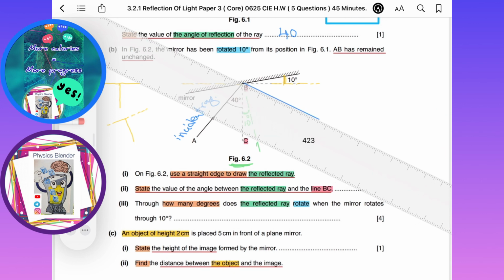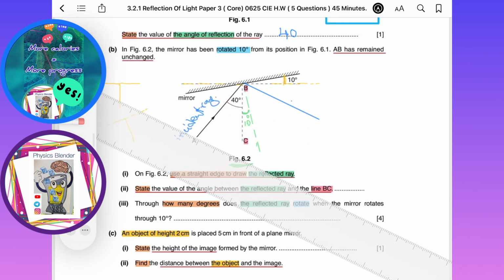Okay, so this will be the reflected ray. You know that the new angle of reflection is 50.